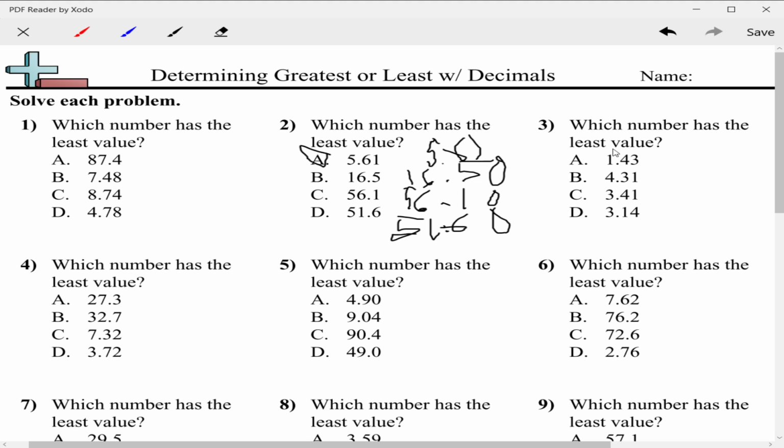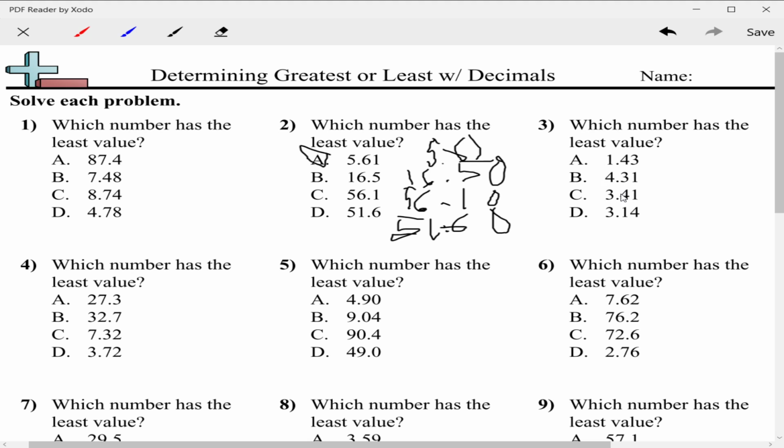Now, it looks like none of these you actually have to go to the decimal, right? Because if you were to take the decimals out, let's look at number 3. If you were to just take the decimals out of these, it would be basically the same thing because the decimals are lined up and there's an equal number of digits after the decimal place.